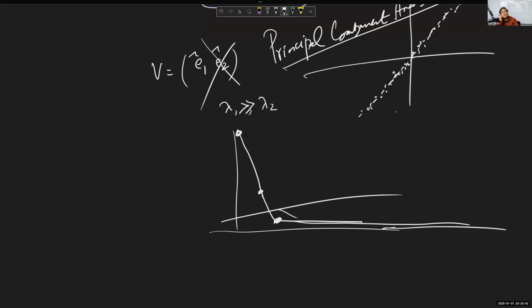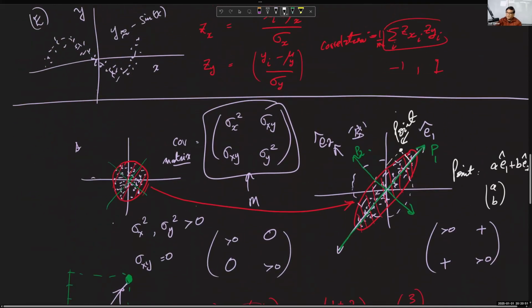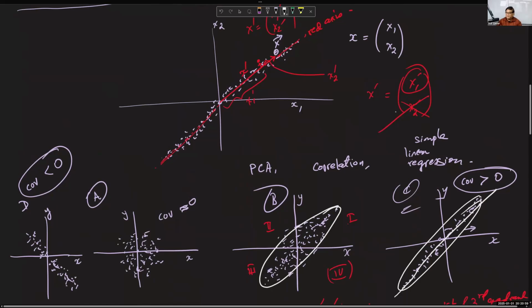And the whole question is, what is the price you paid? How much information did you lose? For example, in the case of B, you would agree that you lost significant information. In the case of C, you lose less information.